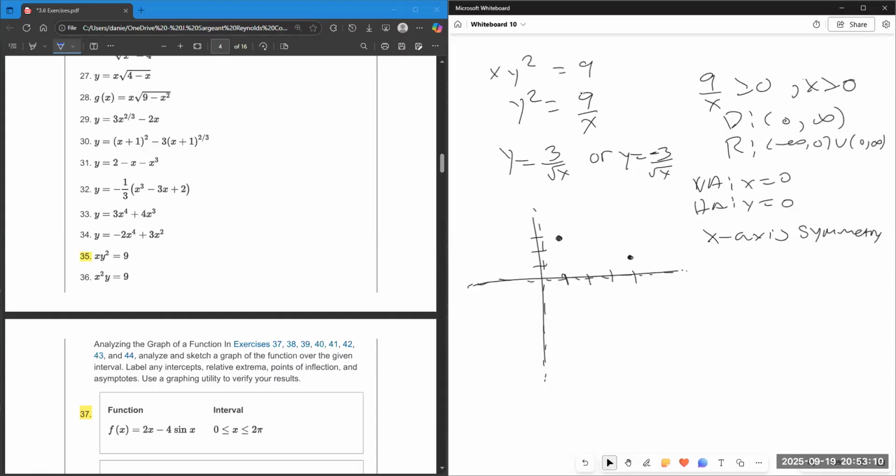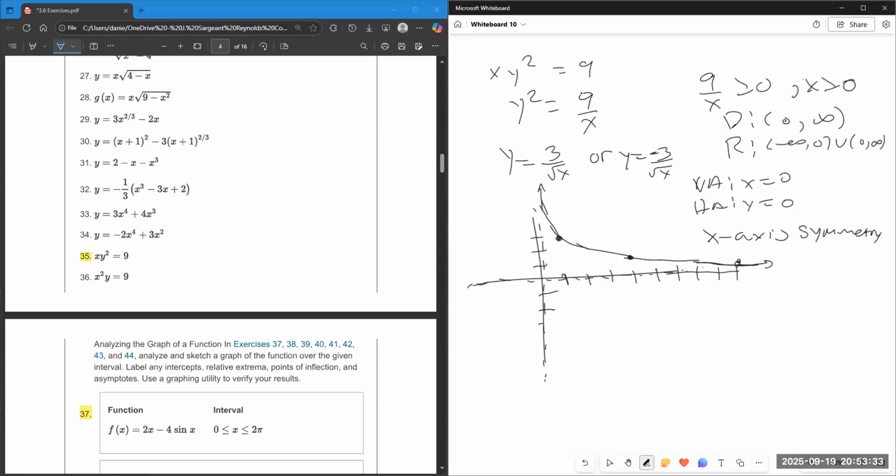And then when x equals 9, 5, 6, 7, 8, 9, y is 1. So I have this curve. It's going like this.